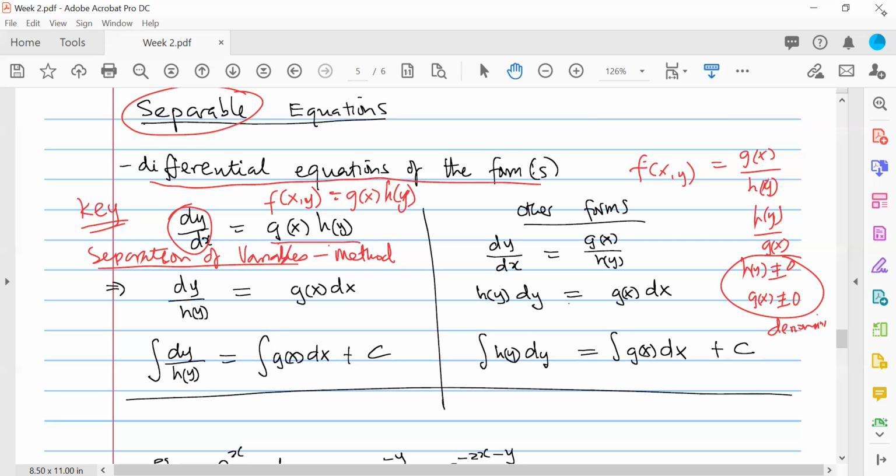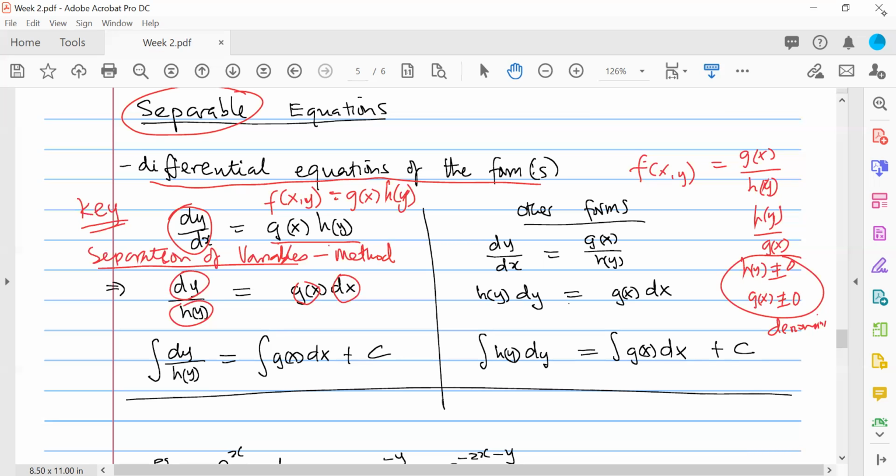You want the differential dy to be associated with the function h of y, and the differential dx to be associated with the function g of x. Take all the functions in terms of the variable y to the left-hand side, and all the functions in terms of the variable x to the right-hand side.